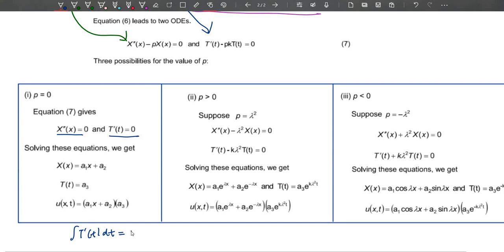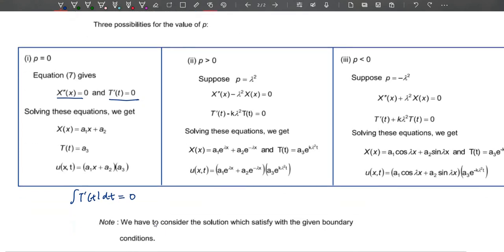Because when we integrate T'(t) with respect to t, this one is actually equal to 0. So when we integrate 0 with respect to t, we will have a constant. That's why we put a3. For X', when we integrate 0 with respect to x, it will be a1.